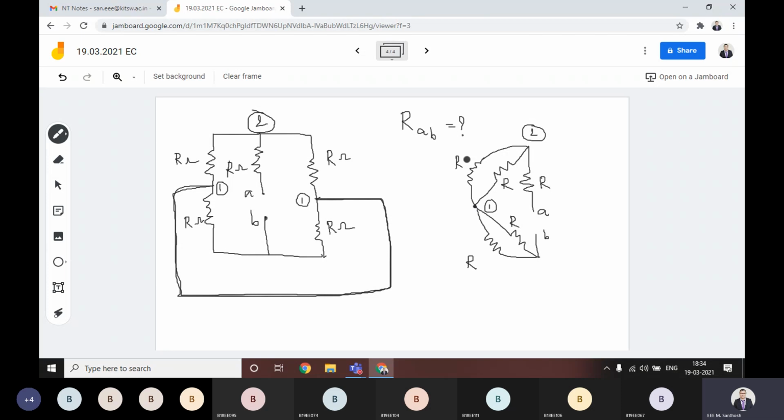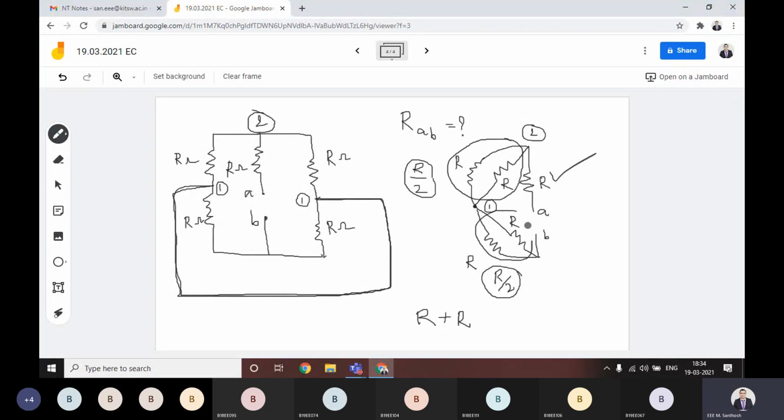As simple as that. Then R and R in parallel will be R by 2. This R and R, this is R by 2. R by 2 and R by 2 in series, you will get R. That R is in series with this resistor R. This is one combination, you will get R by 2.